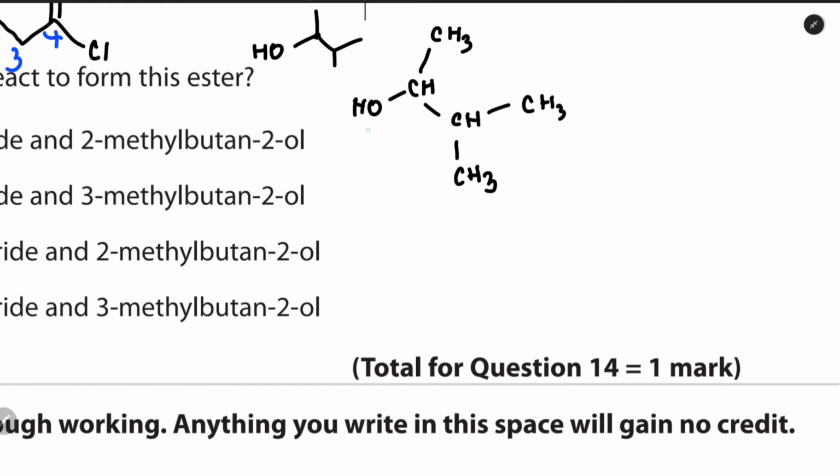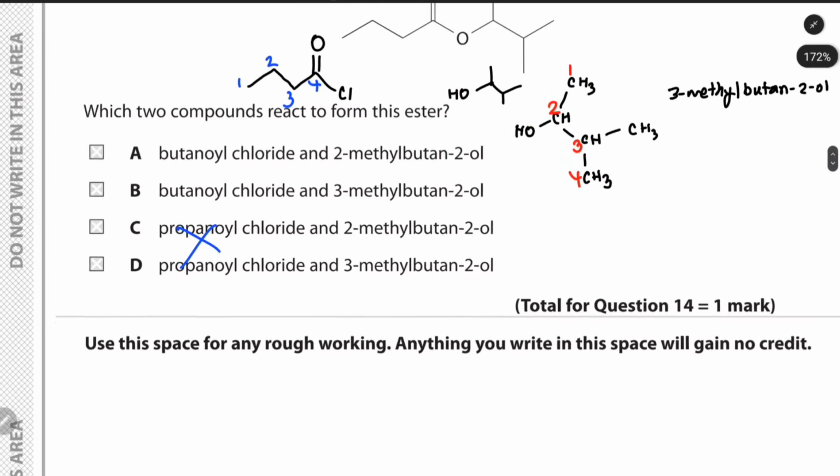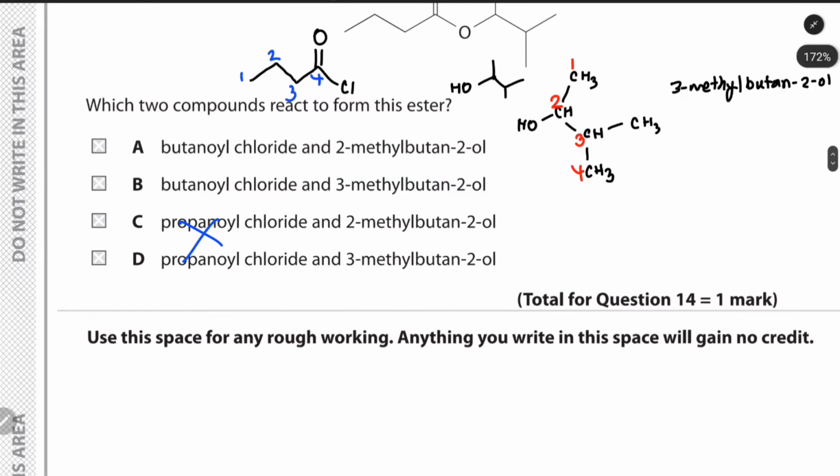We have to keep the alcohol in the lowest possible place. So this is carbon 1, 2, 3 and 4. So we have an alcohol on the second carbon and a methyl group on the third carbon. So we have 3-methylbutan-2-ol. So B is our answer.